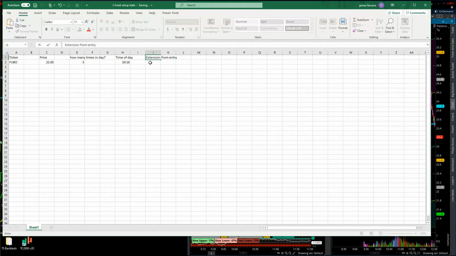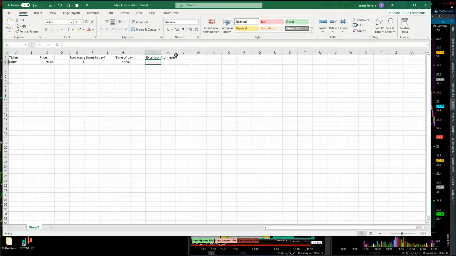I did percent last time, and what I noticed is while it was helpful, in the day I would be like, my average extension is 17%. And then I'd be like, oh crap. What is 17% of 2560 from 2264? Then I would have to do the math and I'd be like, oh, that's annoying. I'm not super fast with percentages, so I'd rather track it in pennies, in actual dollars, you know?